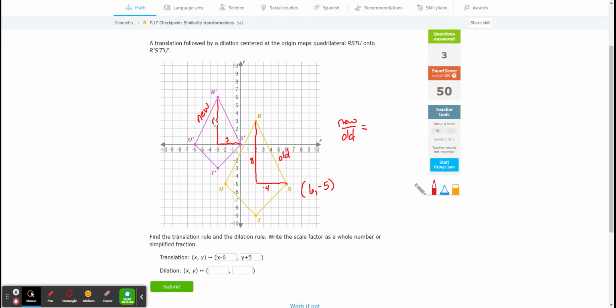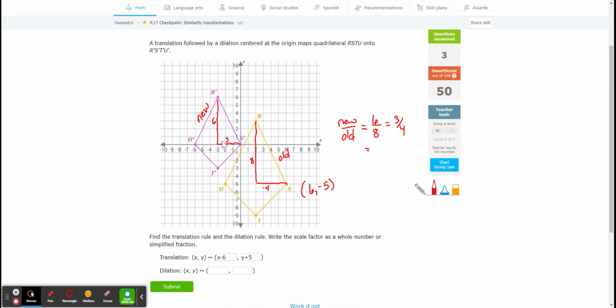So my new one in the y direction was 6. The old was 8. 6/8. Notice it says scale factor as a whole number or simplified fraction. So they want it as a simplified fraction. That would be 3/4, which again checks out from the x direction.